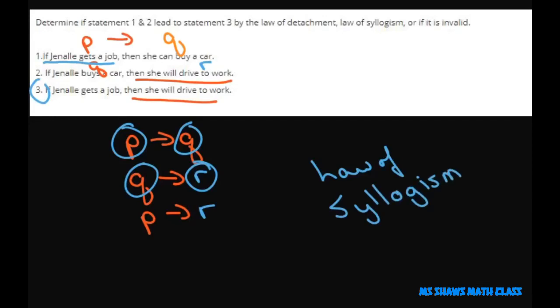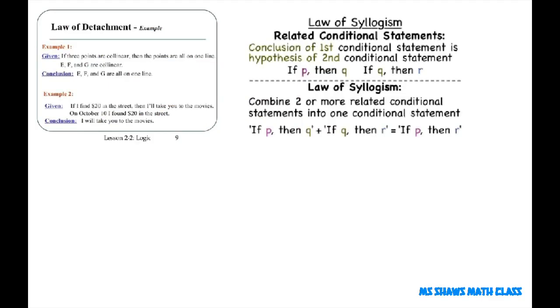And in this video, there's no law of detachment, so let me show you one of those. Law of detachment would be like this example. If 3 points are collinear, then the points are on the same line, or all on one line. So if P, then Q. Then it says E, F, and G are collinear.